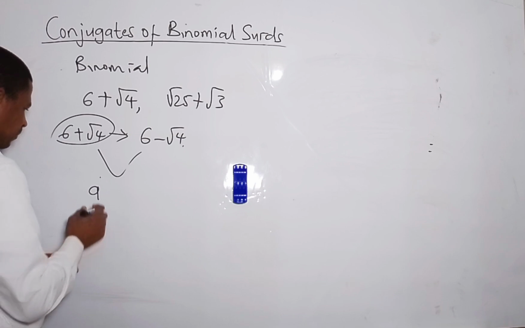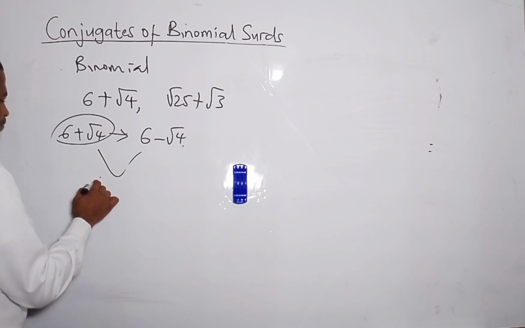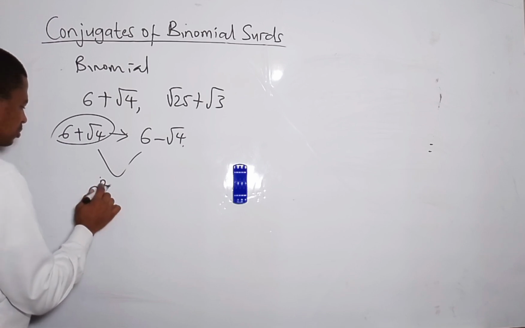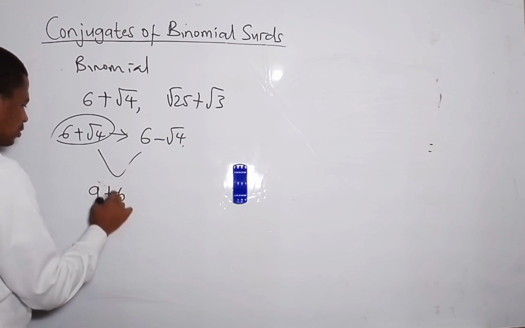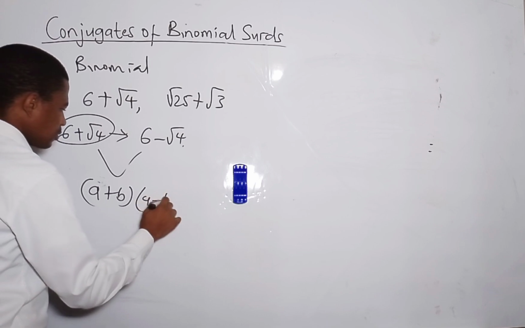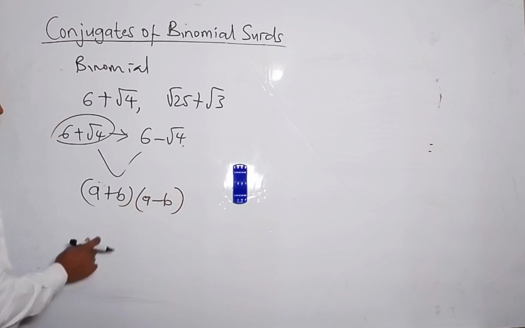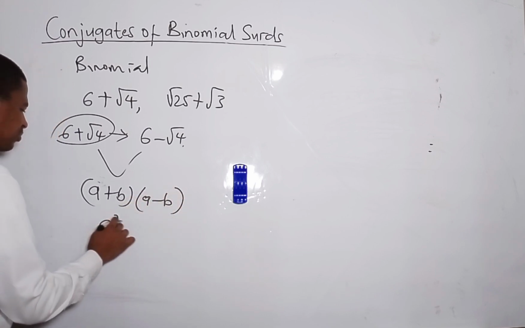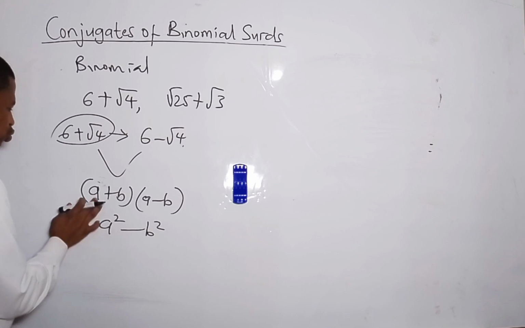Difference of two squares. If we have to rationalize something like this, the result will be a difference of two squares.